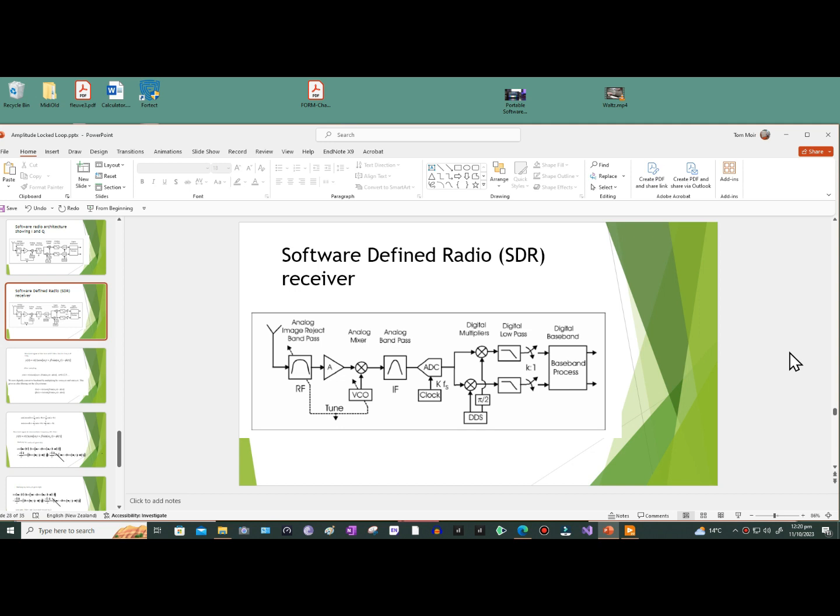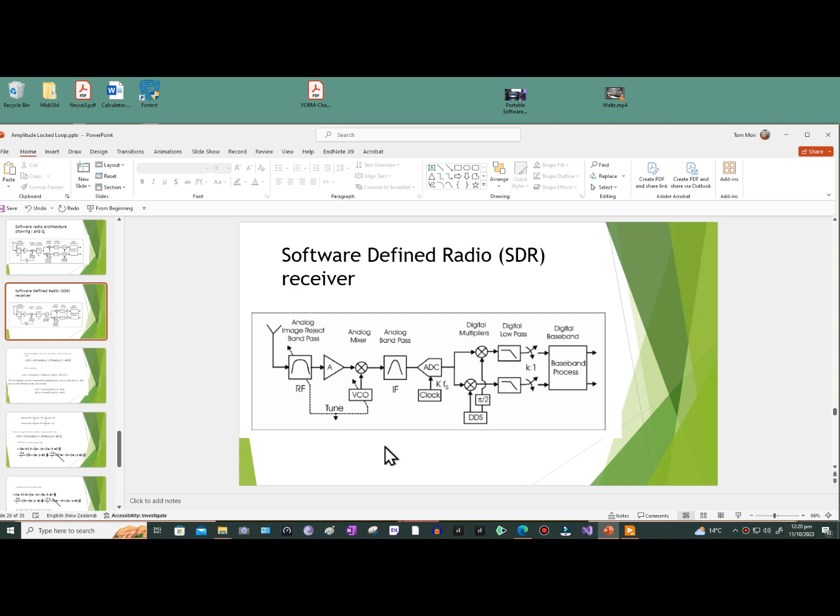This is probably the easiest one to understand, but it's probably not the most up-to-date method, where you've got an analog front end on your receiver and a mixer with a local oscillator, which gets you down to IF, the intermediate frequency. Typically that's about 10.7 megahertz, like in a normal radio receiver.